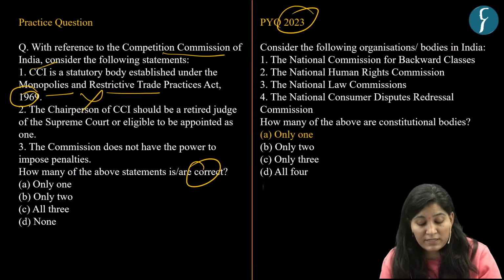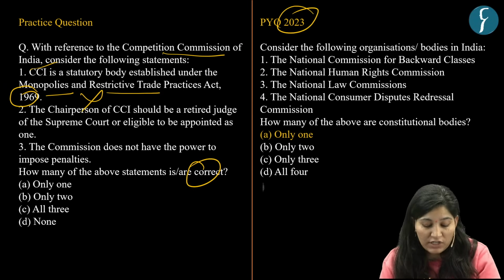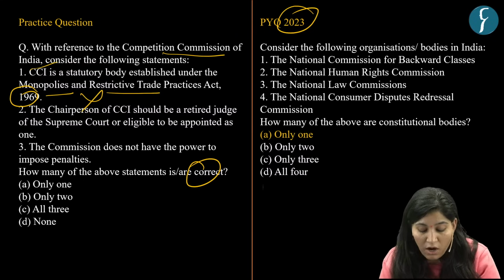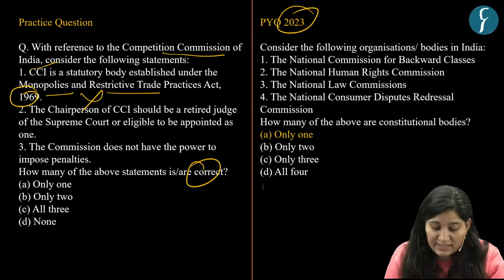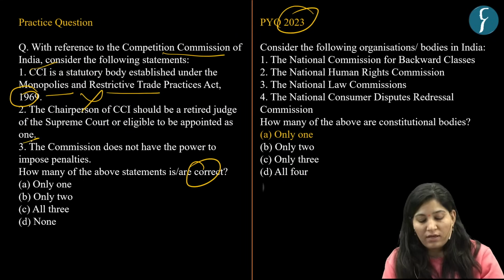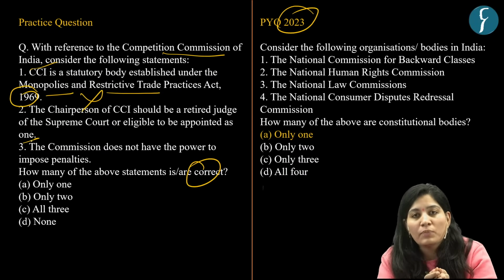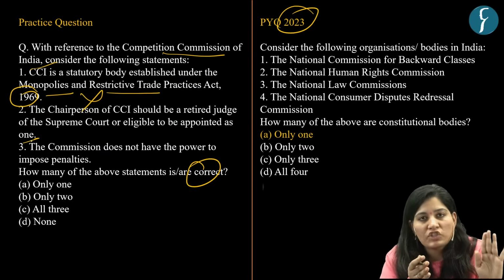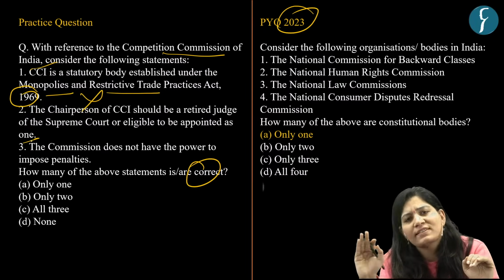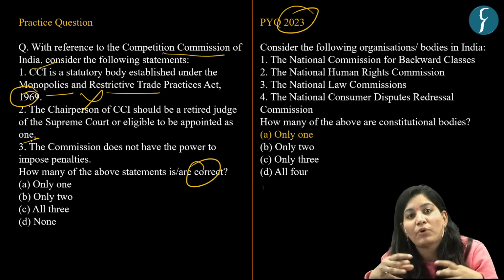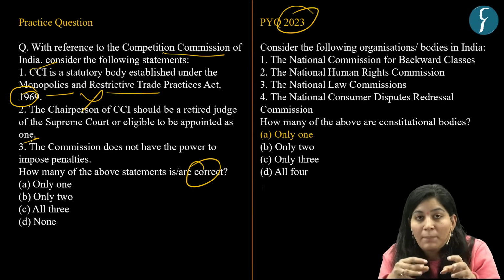The chairperson of CCI should be a retired judge of the Supreme Court or eligible to be appointed as one. Now, the composition of CCI is like that. There's one chairperson and not more than 6 members. And these members are appointed by the central government. Based on what?